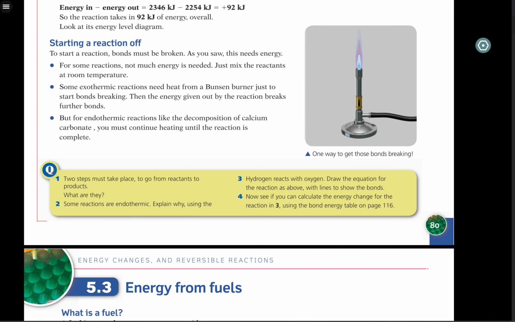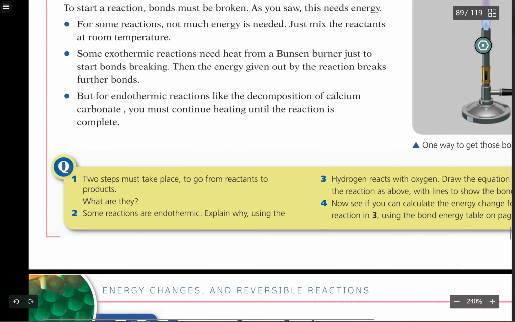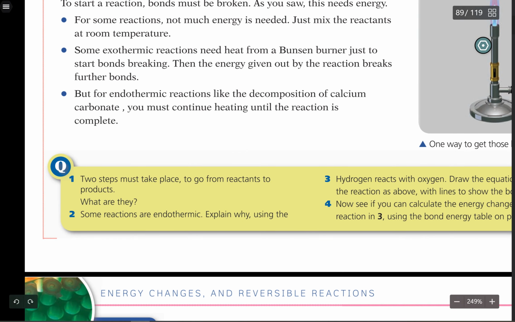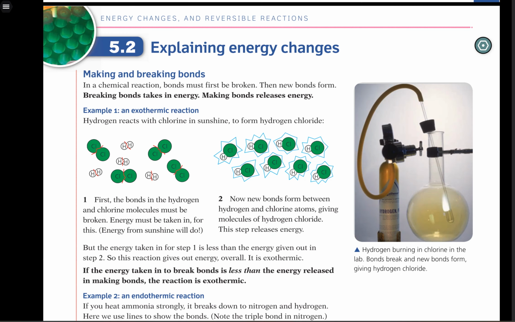Now I go to page 80 to answer the questions for section 5.2. Question number 1. Two steps must take place to go from the reactants to products. What are they? We have the answer on page 79. It says in a chemical reaction, bonds must first be broken, then the new bonds form.